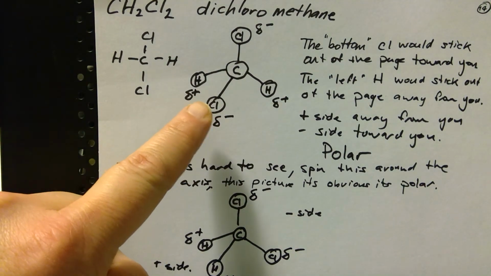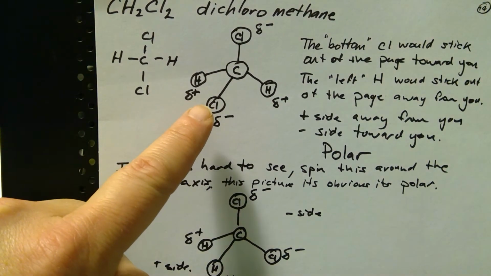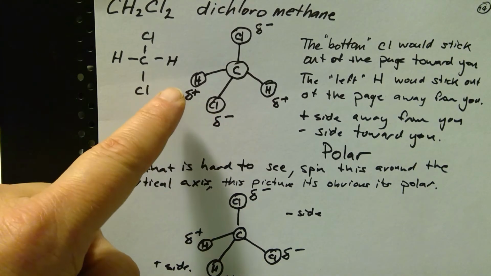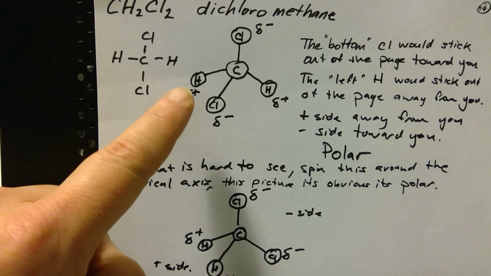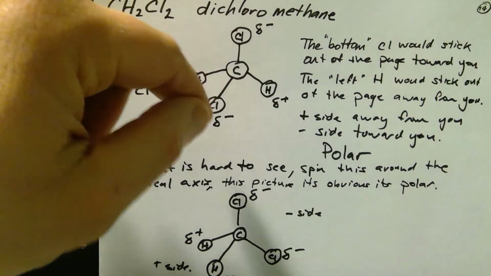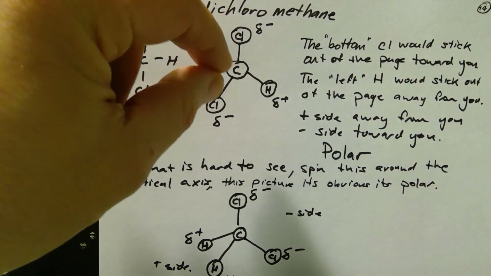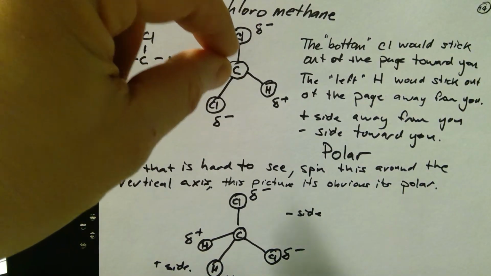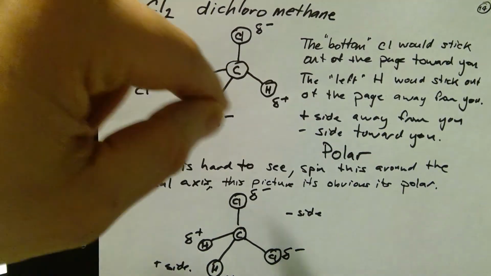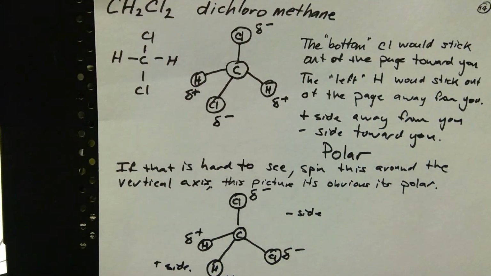This bottom chlorine is drawn coming out of the page toward you, and this hydrogen on the left-hand side is going basically into the page. In that case, the area between these 2 chlorines in the front of the page is where the negative part is, and between the two hydrogens in the back of the page is where the positive part is. It makes it polar.